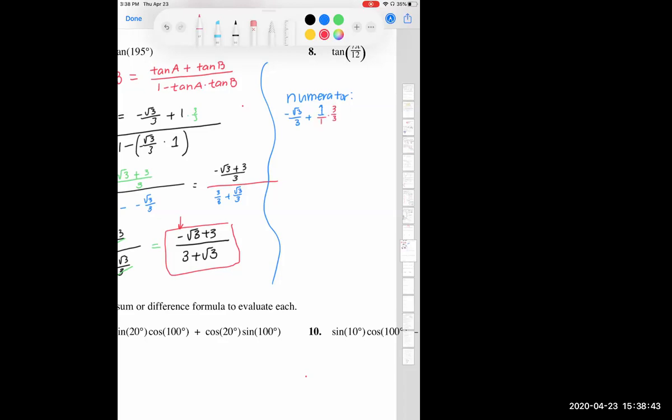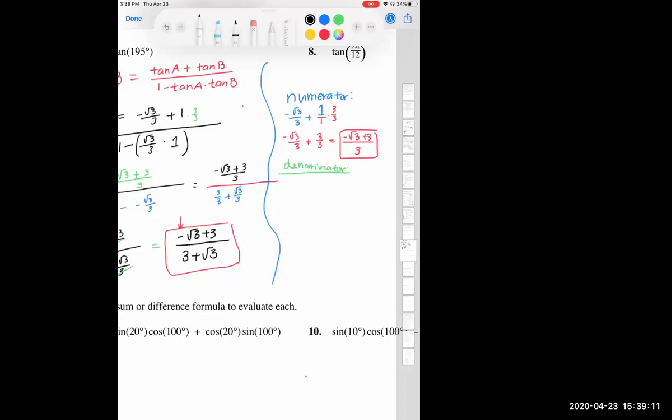We can think of it as over 1. So we now have negative square root of 3 over 3 plus 3 over 3. Okay, great. Now I have a common denominator. I have negative square root of 3 plus 3 over 3. Great, that's my numerator. Now let's take a moment to simplify your denominator, which was more complicated.